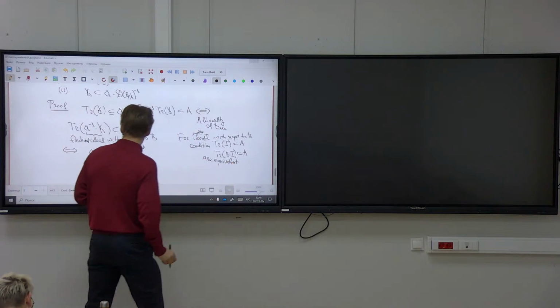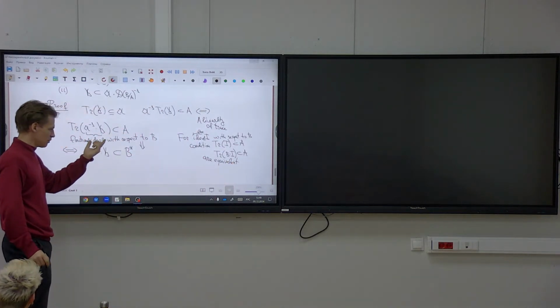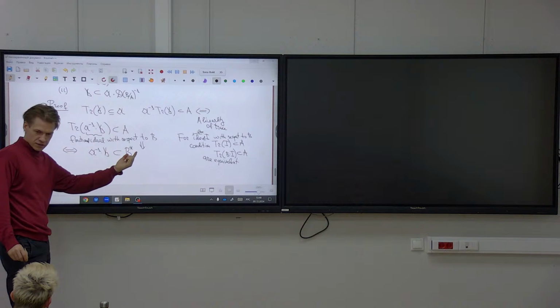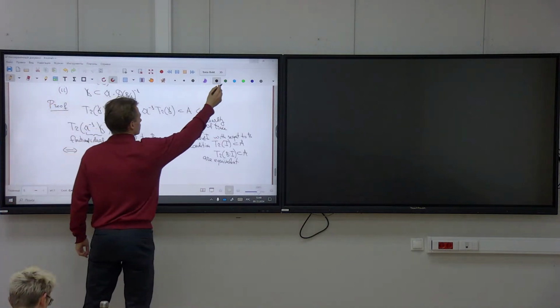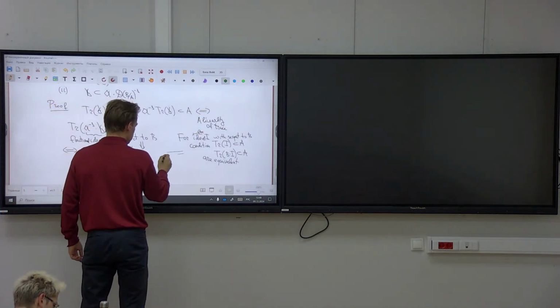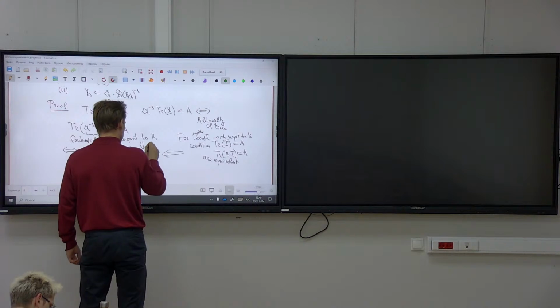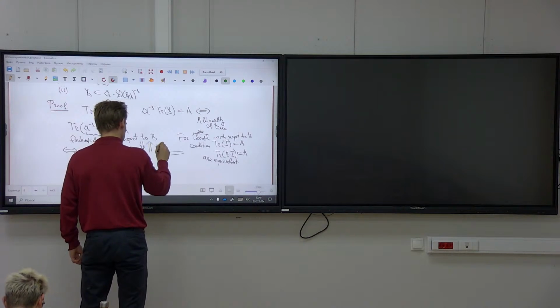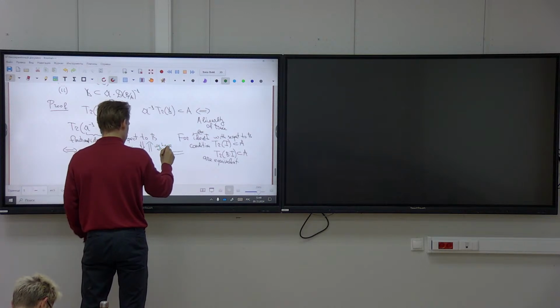So this implies that the arrow goes in both directions, and so we also have the arrow in this direction.